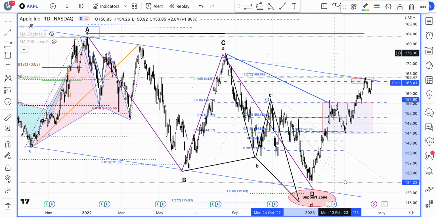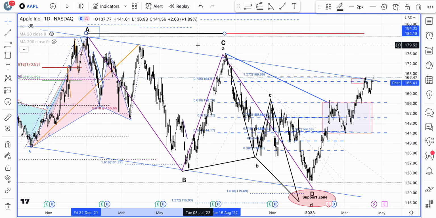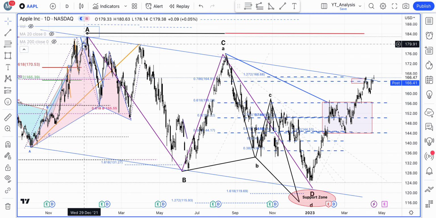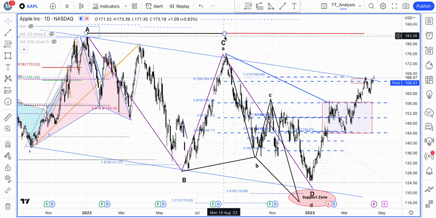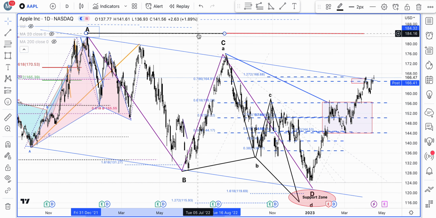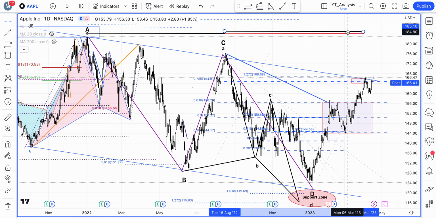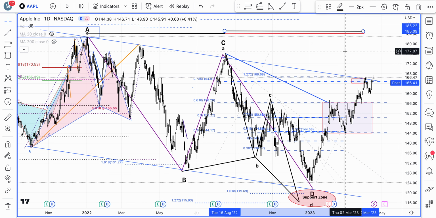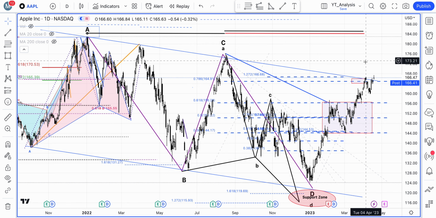What is also important to note is this black line, which I've drawn to get an idea of the time taken from peak to peak. If I just clone it, copy and paste, and project it from this top here, we also get into this area right here.